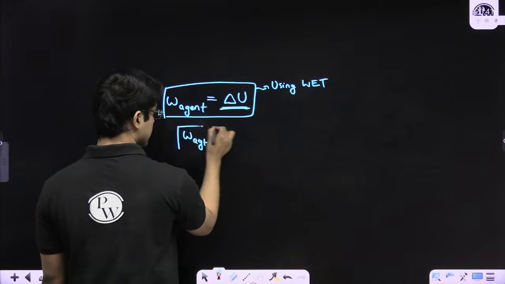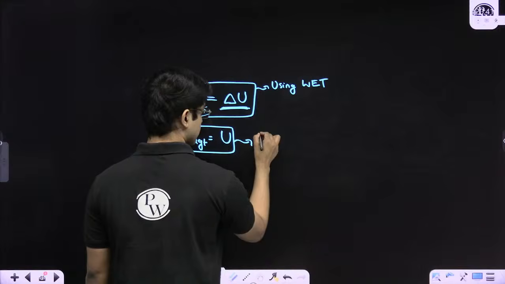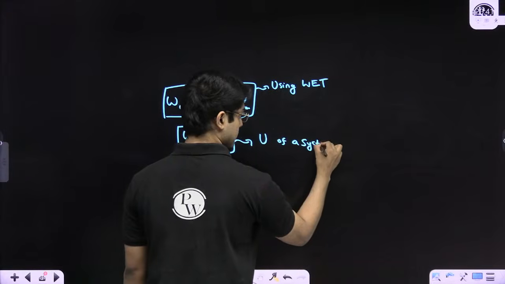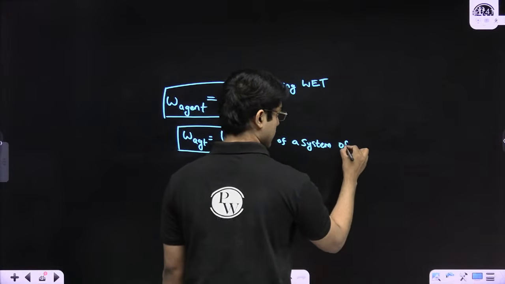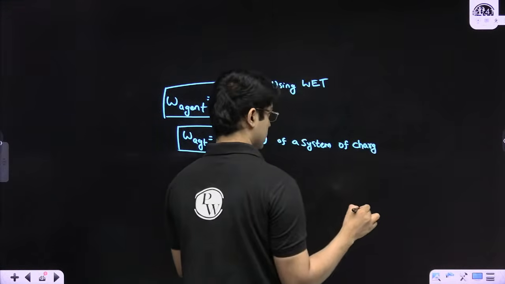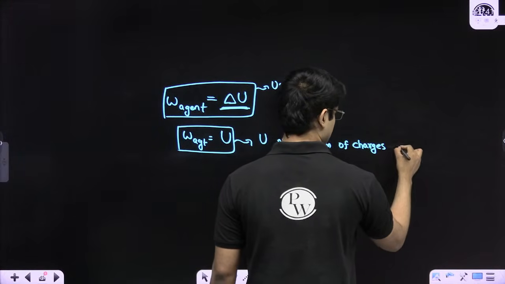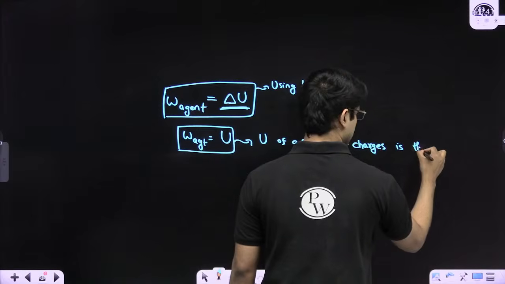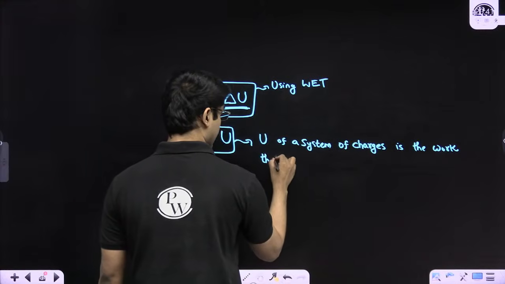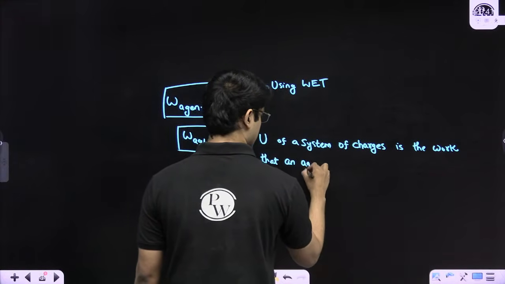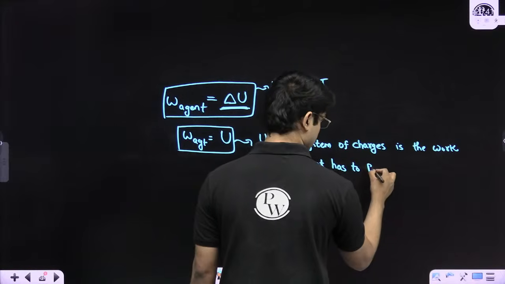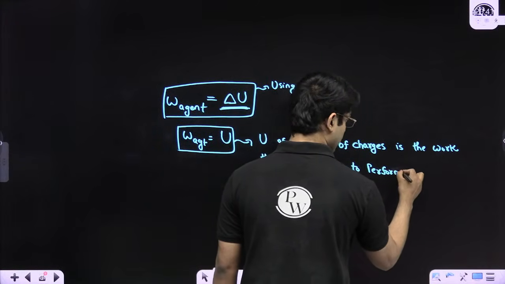So the potential energy of a system of charges is the work that an external agent has to perform to slowly build the system.